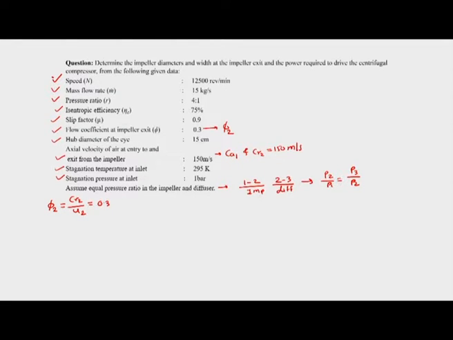We are not given U2, but we are given this velocity, 150 meter per second. Since CR2 is 150 meter per second and phi is 0.3, this expression helps us find U2.